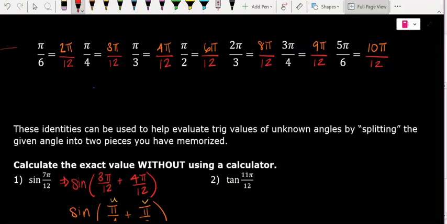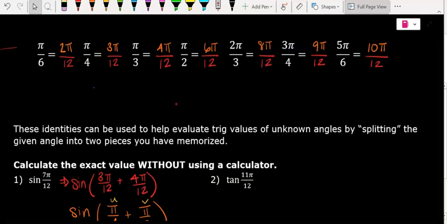And now I can look at my numerators and say, what two things can I add together or subtract one from the other to equal 11? That's going to be something like 9 plus 2, or I can do 8 plus 3. And that's pretty much all I can do on these values right here. I could have gone beyond pi and subtracted, but I'm just going to stay with where I'm at right now.